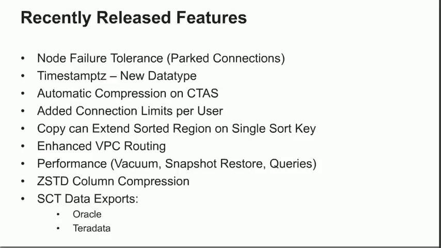You can download it from the AWS site, and you can connect it to a handful of different databases and data warehouses. It'll go through your schema, and it'll convert it as close as it can to a Redshift schema. So it's a really useful application to make migrations a lot easier. It'll get you probably 80% of the way there, and then you can tweak the last bits yourself.